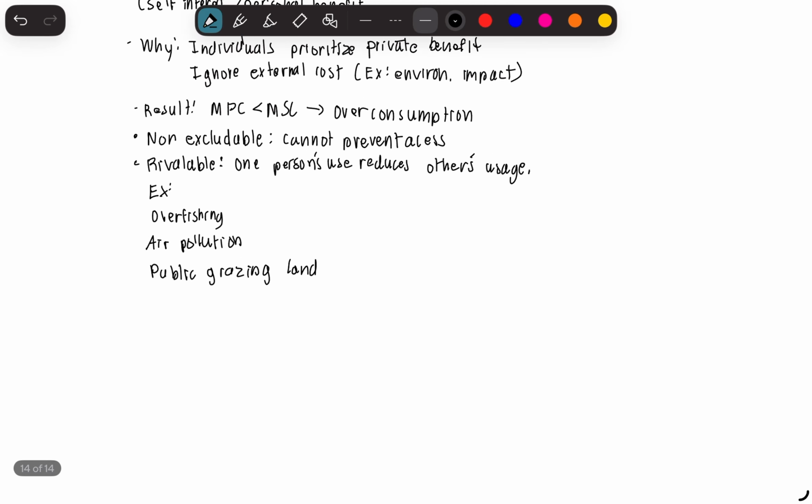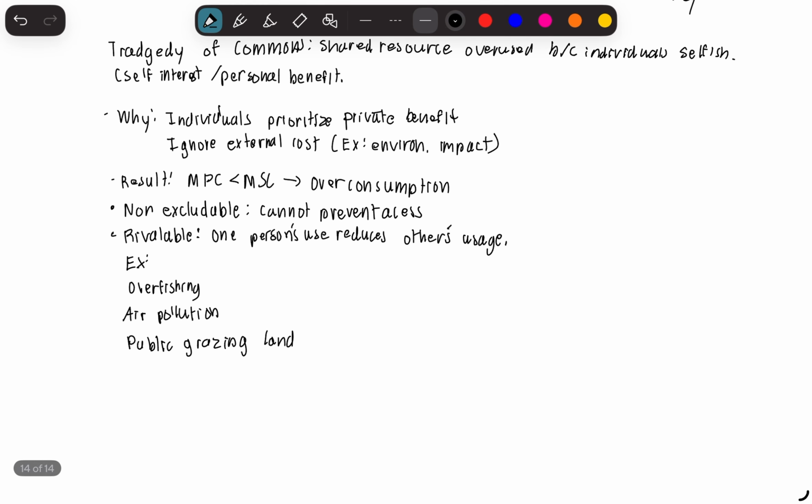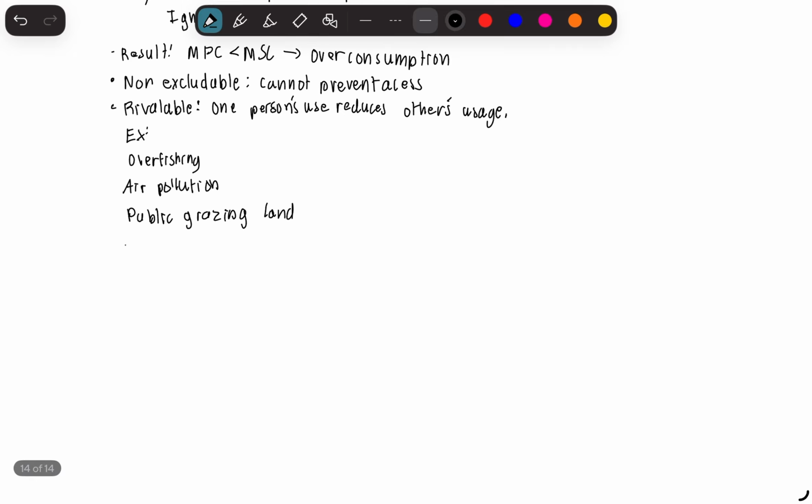So tragedy of commons, this is when you have negative externality. So again, this is when the market equilibrium quantity is greater than the socially optimal quantity, so then you get deadweight loss.